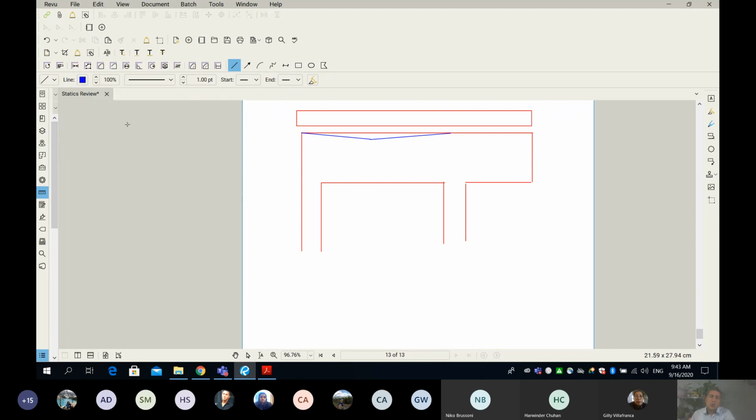I'm trying to show you why doing the bending moment diagram on the tension side is good for this class. It's going to take us maybe a few seconds, but we should have better results.